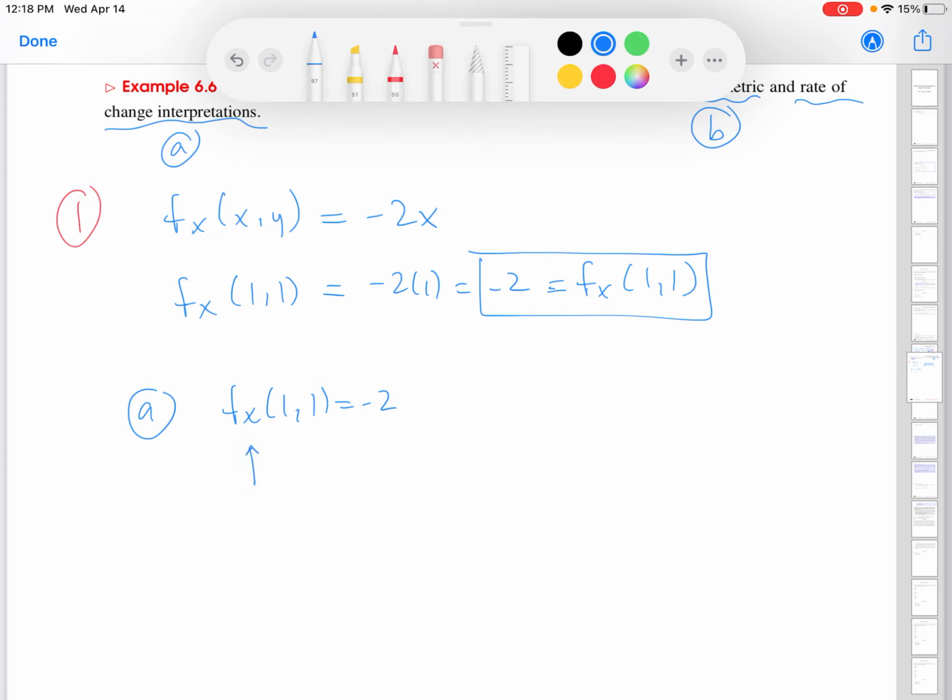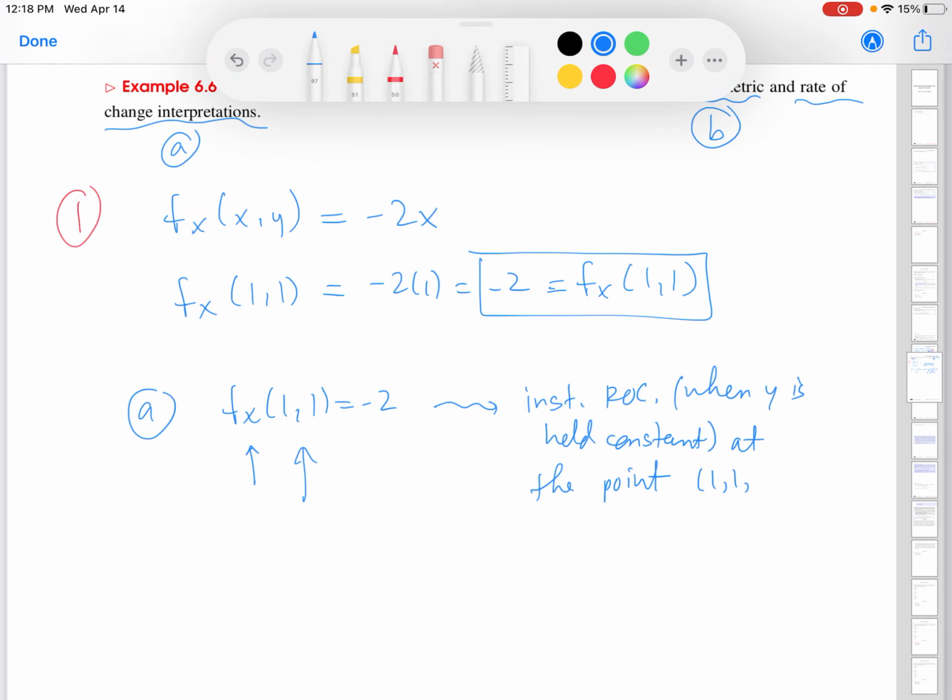So remember, this is when we were holding y constant, and we were just letting x vary, and studying how the function changes as x varies at this point. So we would say that this is the instantaneous rate of change when y is held constant at the point 1, 1.